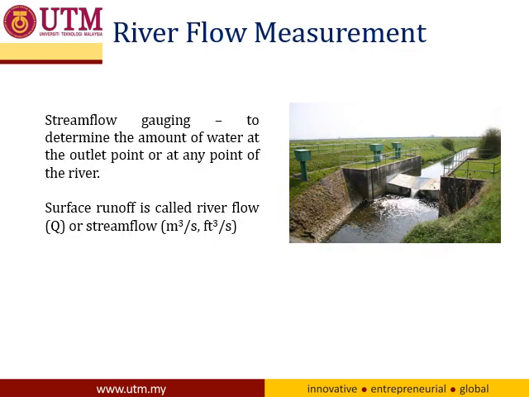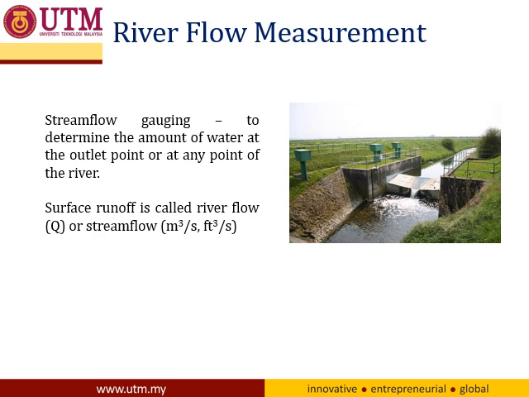This is also an example, I think more like an indirect method. They have automatic water depth measurement, and then using some mathematical formula we can get the discharge, the stream flow value. We will see that later.